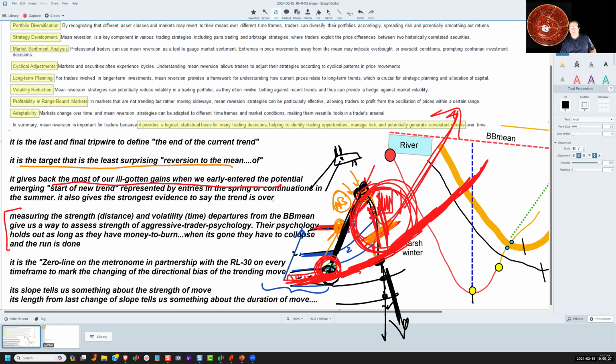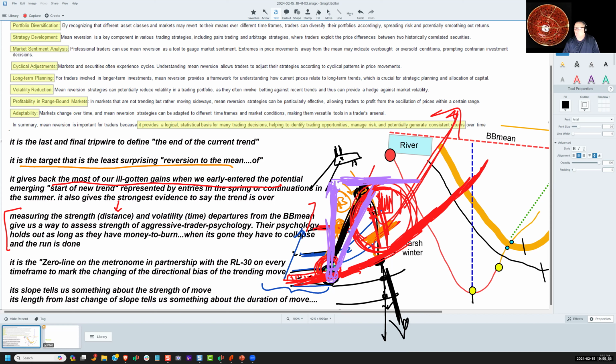So I also want to say this: measuring the distance away from the Bollinger Band mean, I can now measure how far it moved from the breakout to the maximum excursion. I can use that as a measure of strength. Say, how far up were they able to take it to the maximum favorable, and then take a look at the time it took to do that.